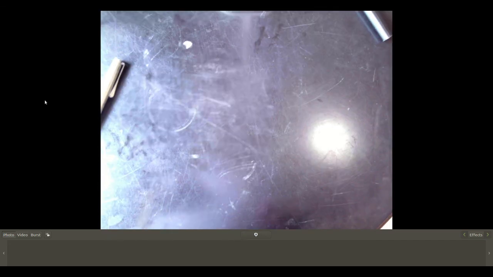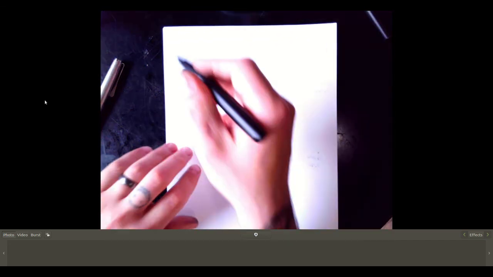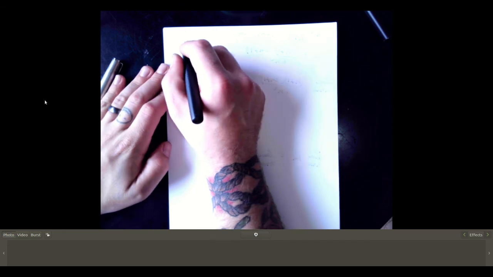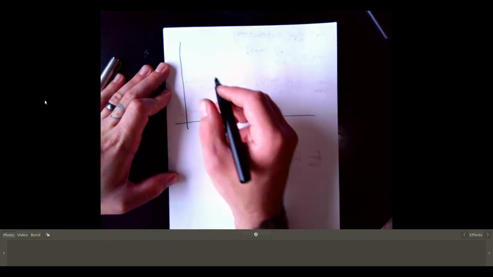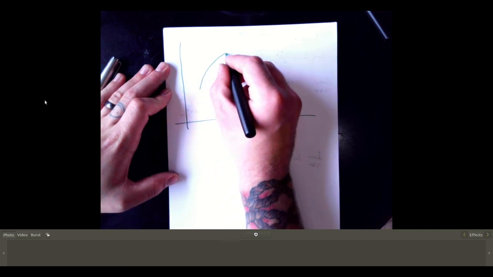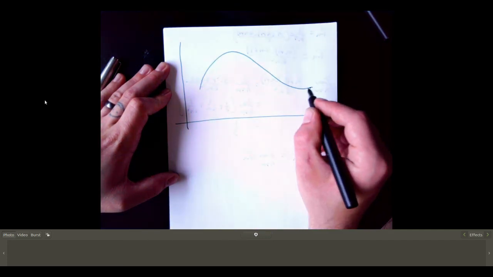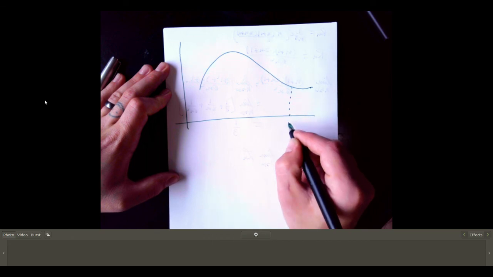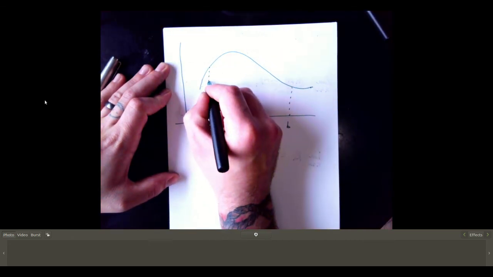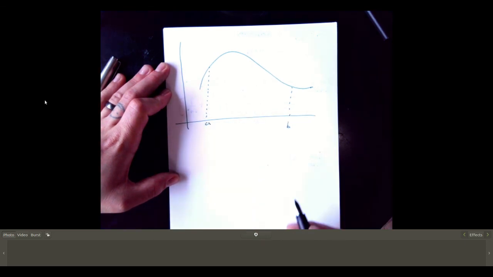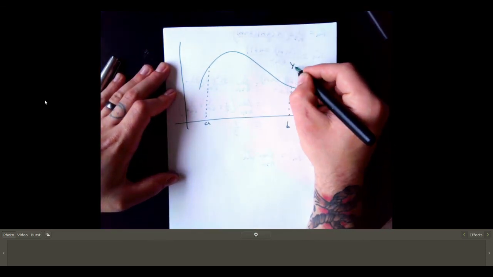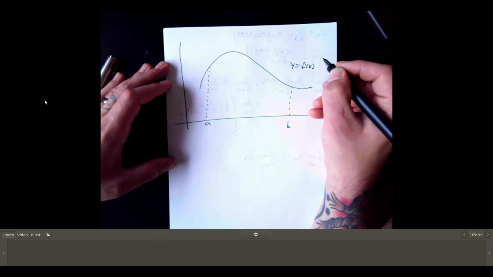Well, before example 3, let's generalize this idea. Let's talk about what we have up to this point. Cool. And this is our curve y is equal to some function of x.